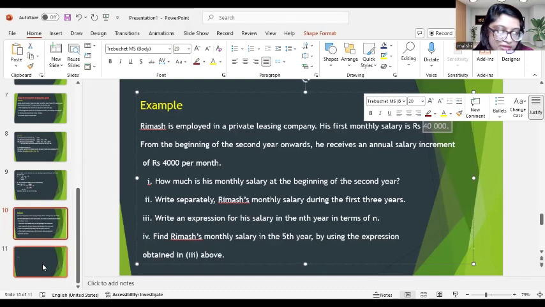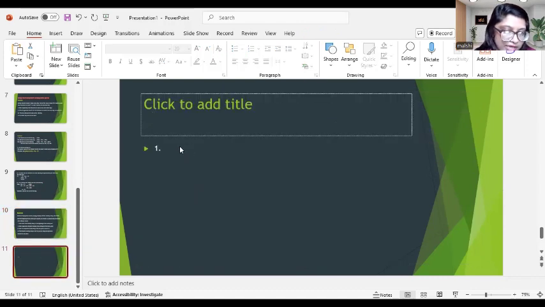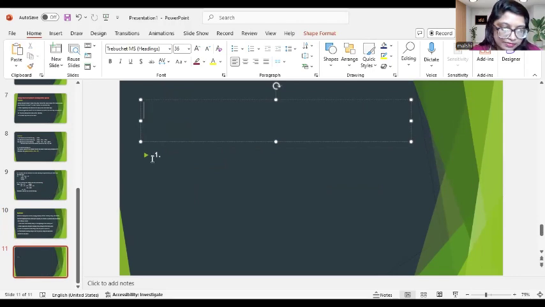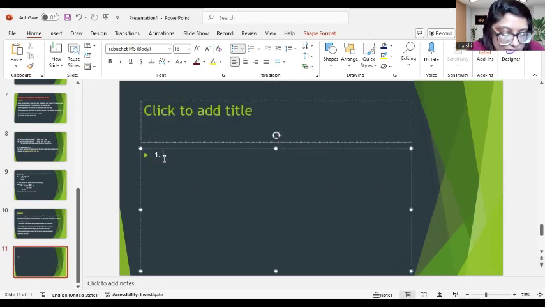You can get 36,000. And what is the common difference?